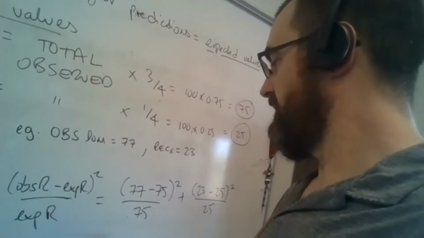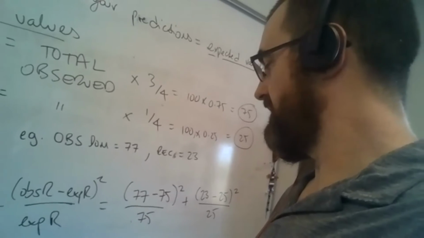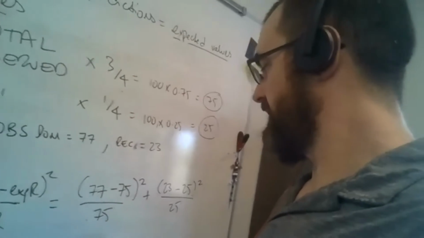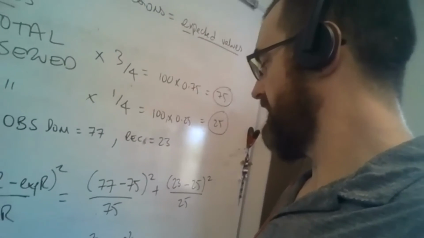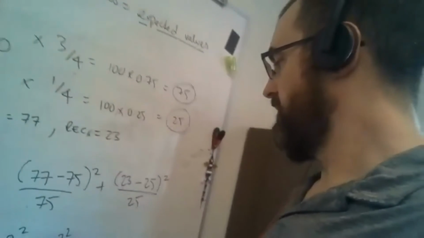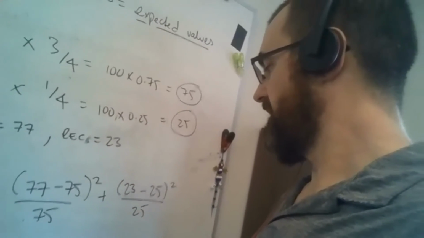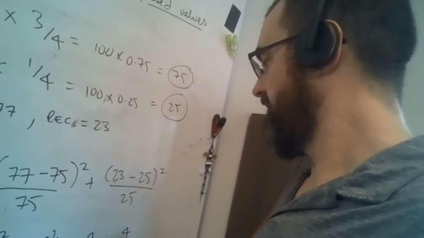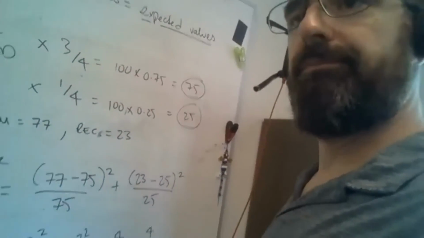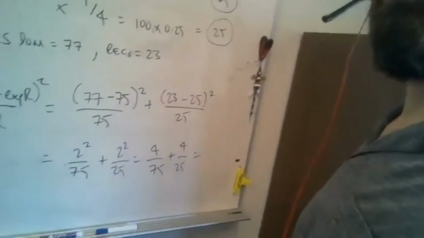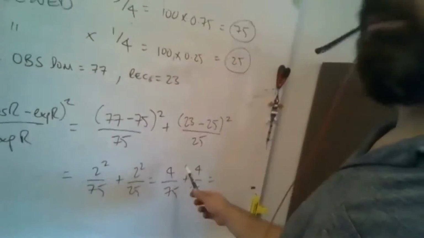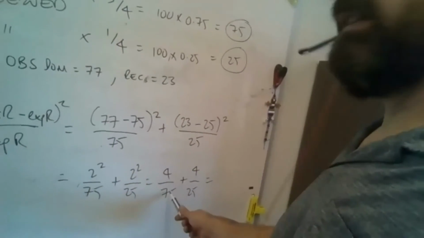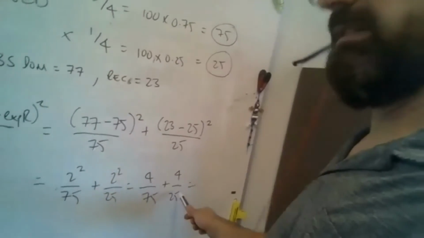It's going to be 2 squared over 75 plus 2 squared over 25 equals 4 over 75 plus 4 over 25 equals what? Sorry, pointing at the wrong thing there. Could someone work out for me what this over this is and what this over this is?